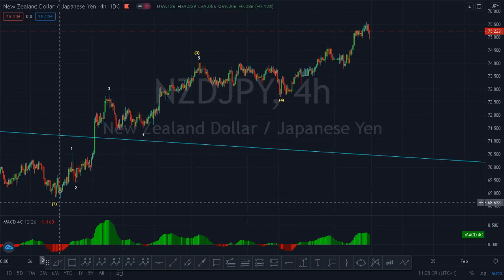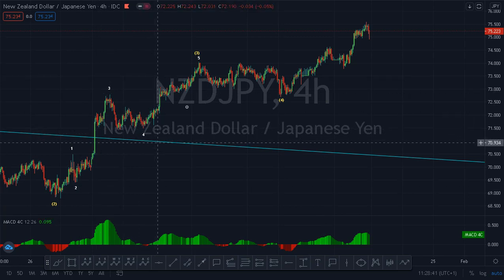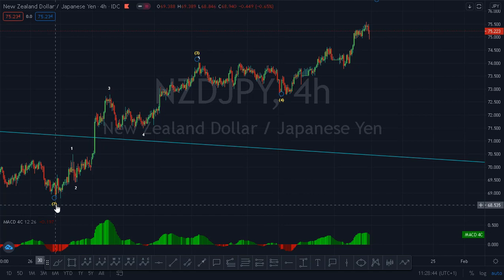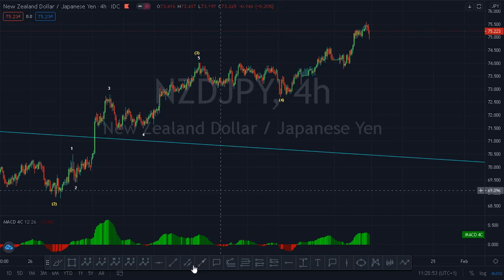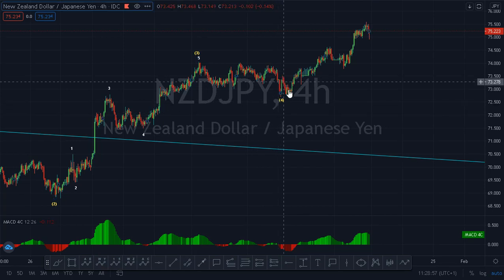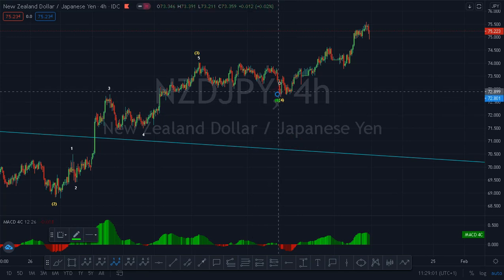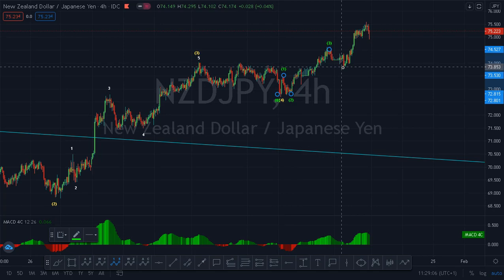Okay, now see with 1, 2, 3, 4, 5. This 5 is 3 of this one, and this is A, B, C, which is 4. And after this, we are looking for another 5 waves, which I can label like this. 1, 2, 3, 4, 5.